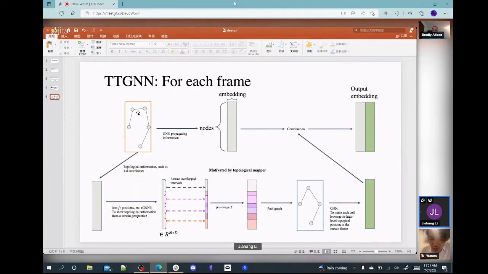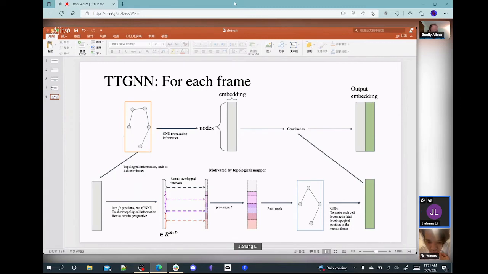As for this graph, we would extract the 3D position of cell nuclei or centroids or something else, and we would call these positions topological information, such as three-dimensional coordinates in this matrix, and we have such a length function.